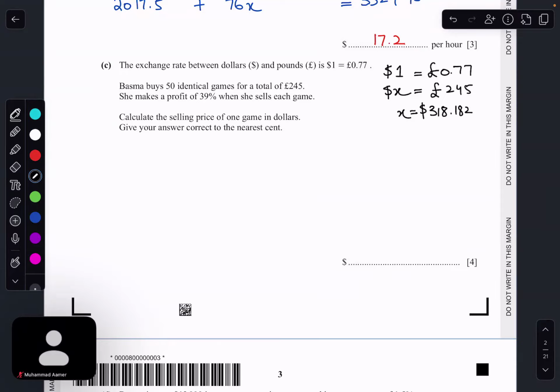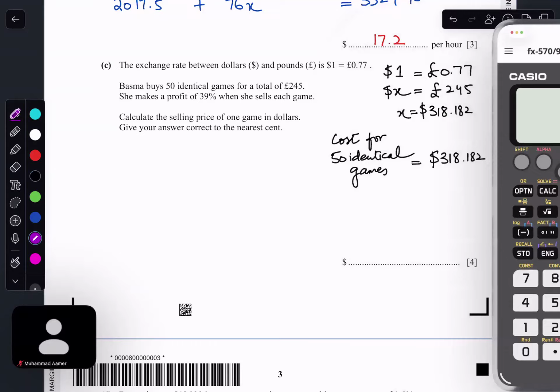So the cost for 50 identical games will be 318.182. Okay, right? What should be the cost for one game? Rehan, so what should I do? What should be the cost for one game?